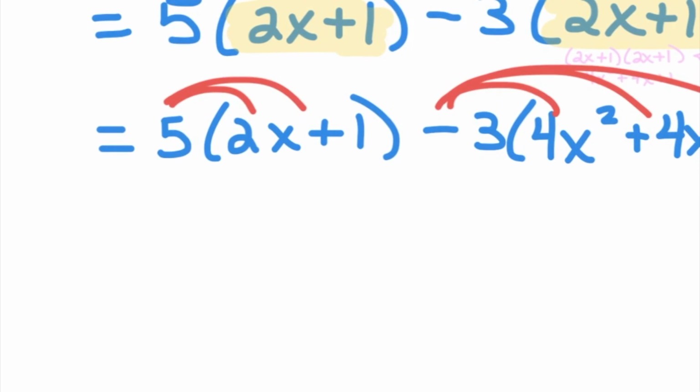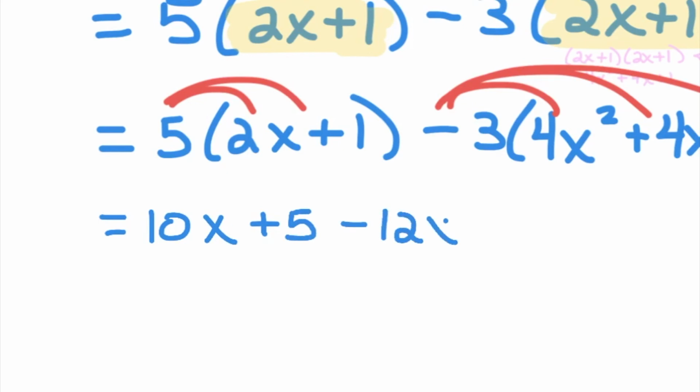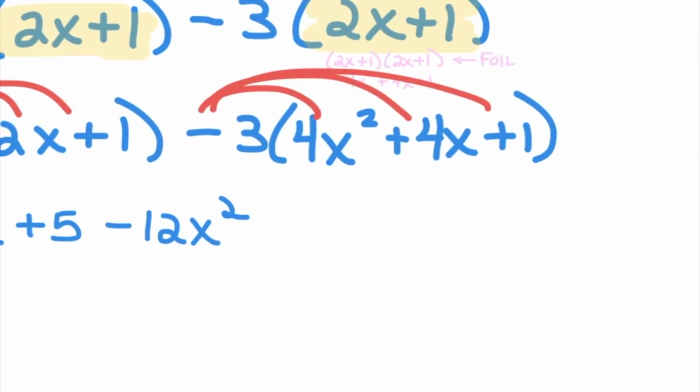And so here I have 10x plus 5, and then I have minus 12x squared minus 12x minus 3.